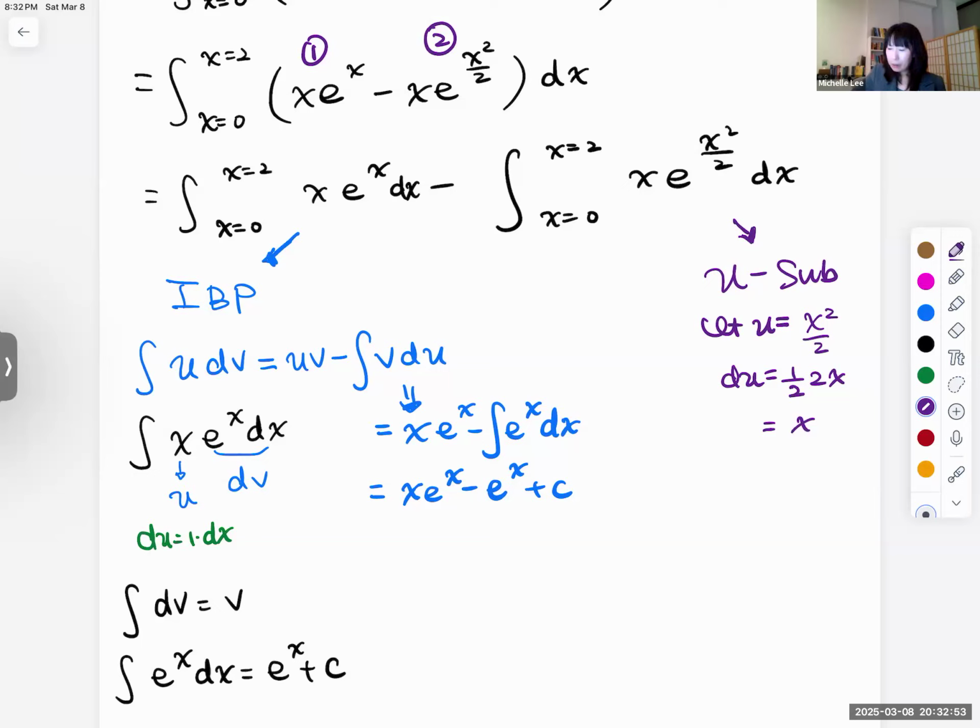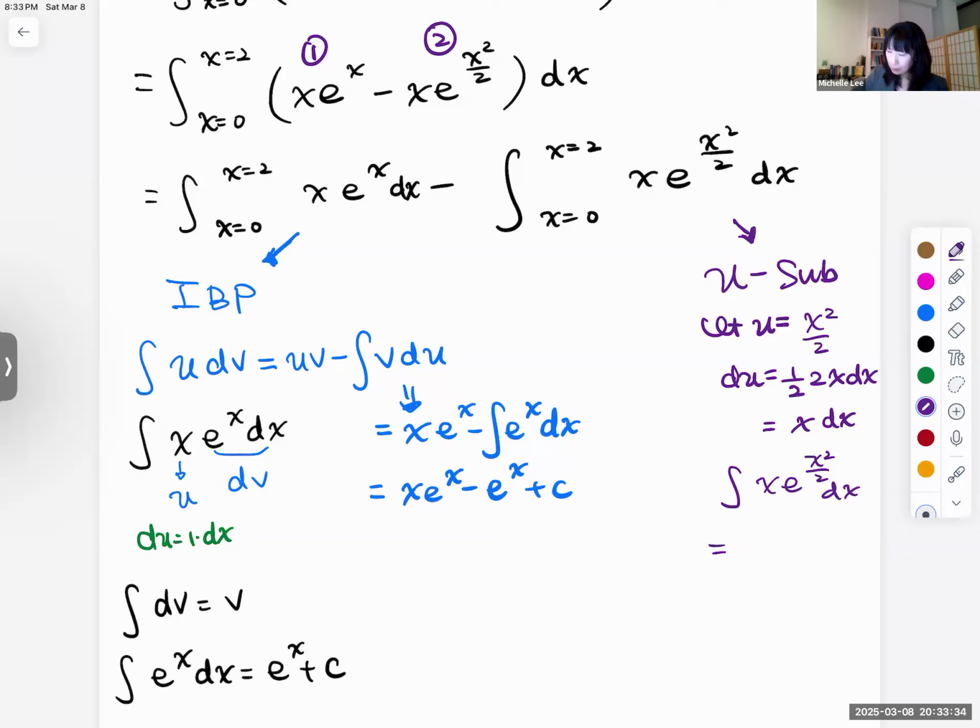All right. Then we have x e to the x squared over 2 dx.